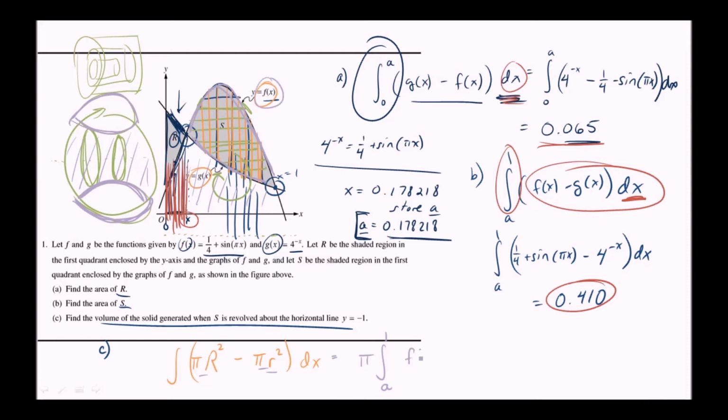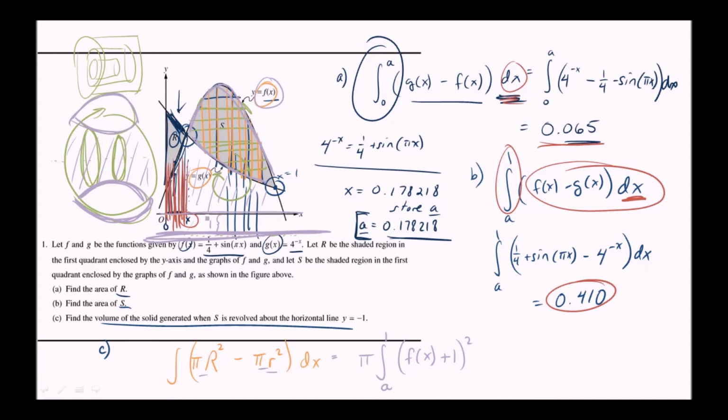So we have f of x, but not only that, we have this axis about which we're revolving that is an additional unit of 1. As such, we have to increase f by 1 before we square. Had we revolved it around the x-axis, then f of x would be sufficient.